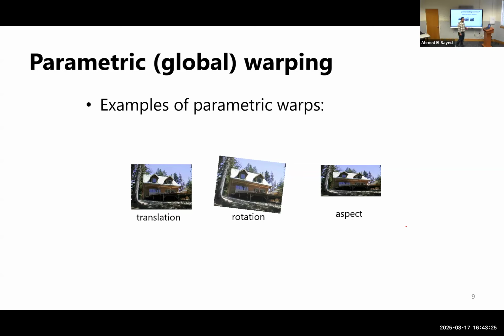There are so many others, like scaling, like shearing. All of those are considered to be transformation. So here, I'm translating the location of the pixel to another location. Here, I'm rotating it. Here, I change the aspect ratio. Okay?